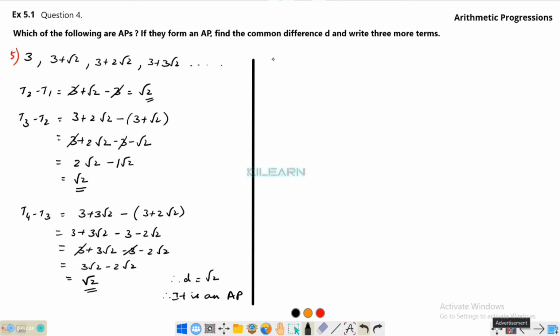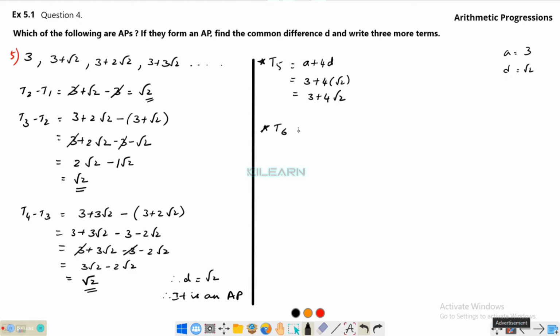Now because it is an AP, we need to find the next 3 terms. So T5 is equal to A plus 4D. Now A is equal to 3, D is equal to root 2, so 3 plus 4 into root 2, which gives us 3 plus 4 root 2.